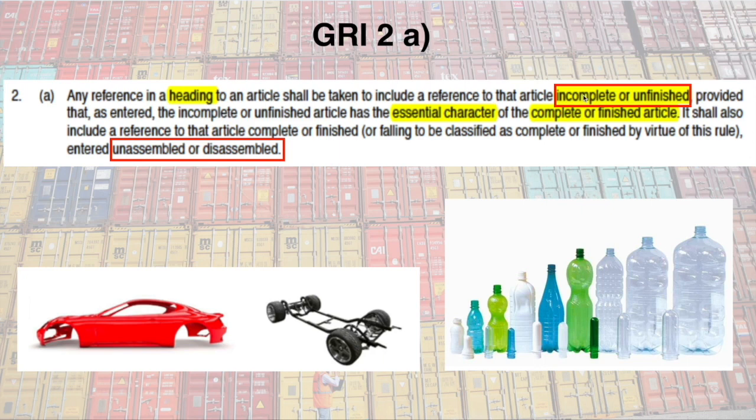They represent two different aspects. On the one hand, an incomplete or unfinished article is considered complete. And on the other hand, a disassembled or not yet assembled article must be classified as if it were assembled.